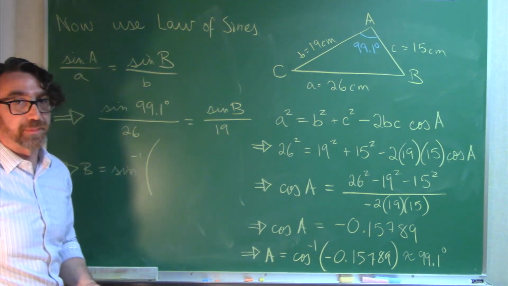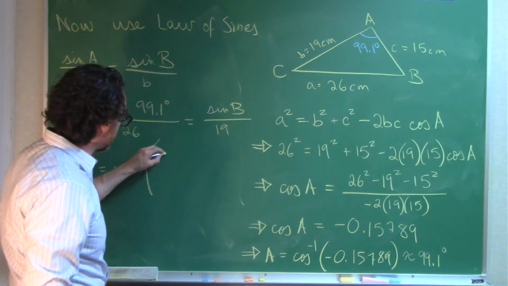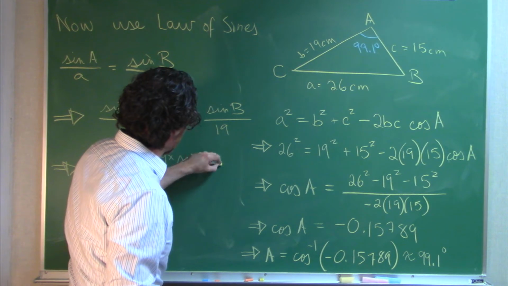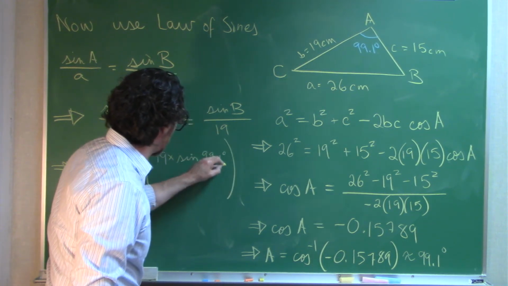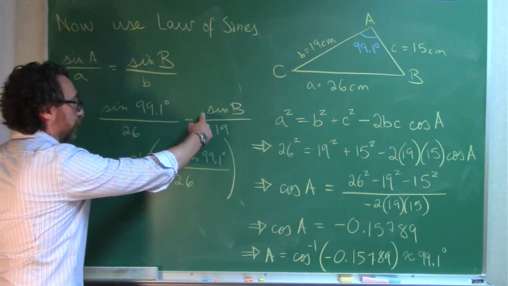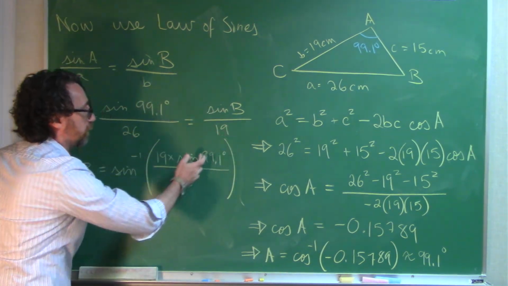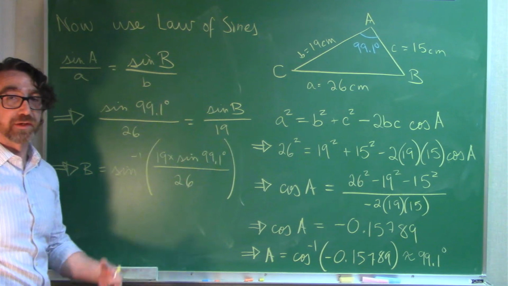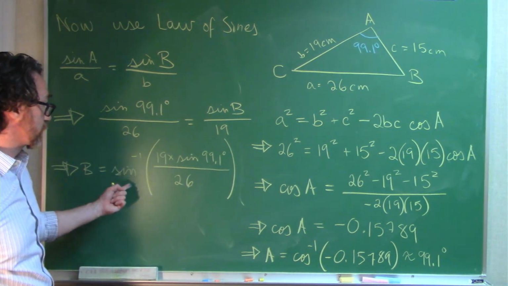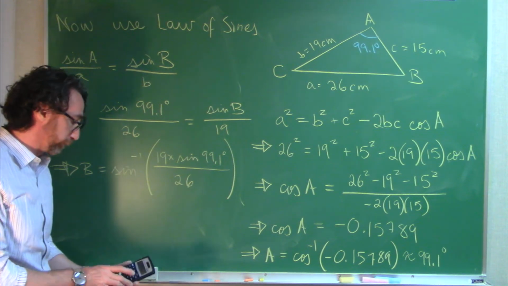Okay, B is going to be equal to sine inverse of 19 times sine 99.1 degrees over 26. You want to get sine B by itself, so multiply the 19 over. If you know the sine of an angle and you want the angle, you've got to use an inverse trig function, inverse sine.